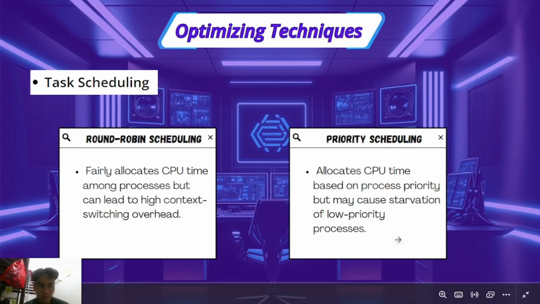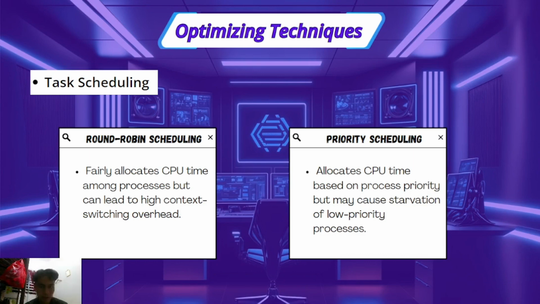In this aspect of optimization techniques, for task scheduling, we have round robin scheduling and priority scheduling. Basically, these are the two techniques for managing how tasks are scheduled to use the CPU in a computer system.